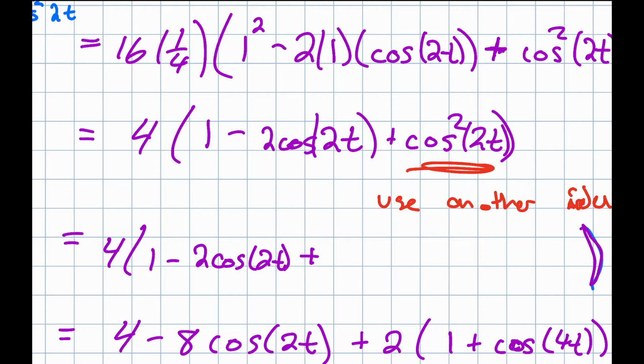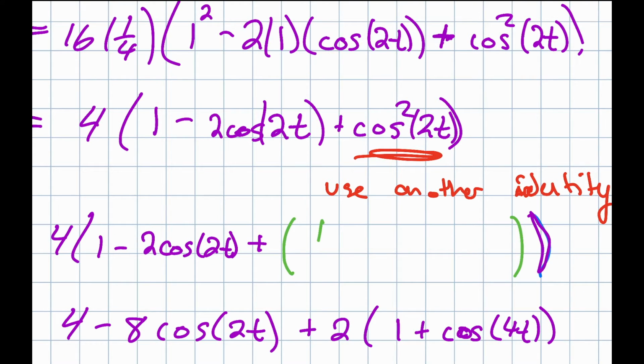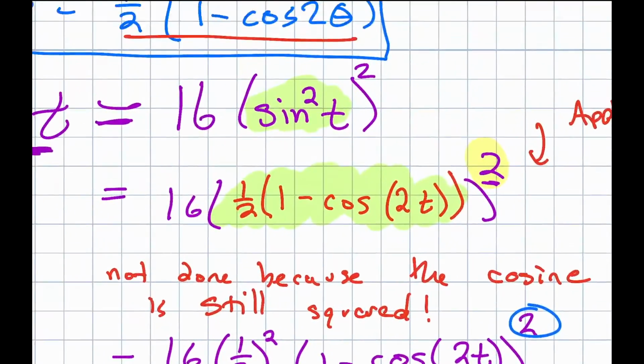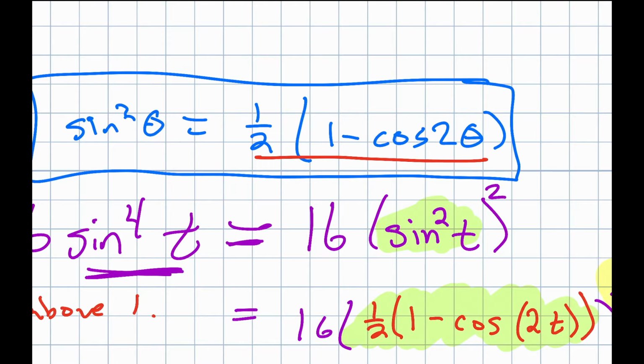So you go look up the identity for cosine, and we've already seen it, right? It was 1/2 times 1 plus cosine 2t. But remember how these work. When you go from this side to this side, the angle doubles and you get the bigger angle right here.